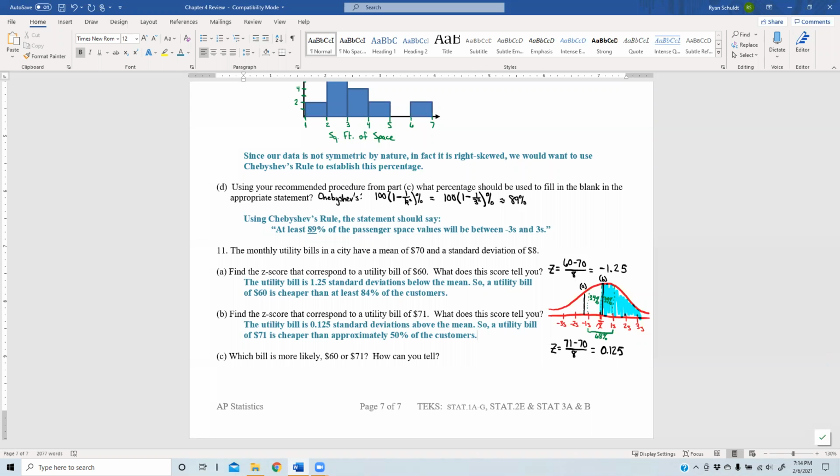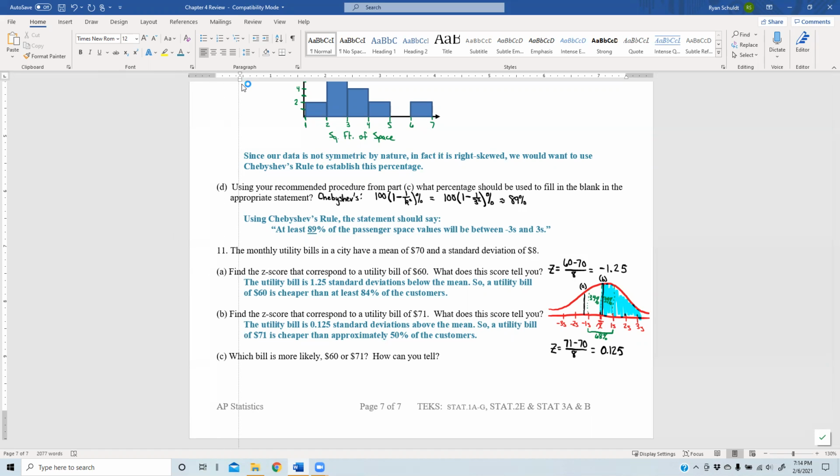Okay, so then part C asks us to put these two together. Which bill is more likely, the $60 bill or the $71 bill? Well, we have to ask ourselves, which one is closer to a z-score of 0? The $71 bill, which means that one is more likely.